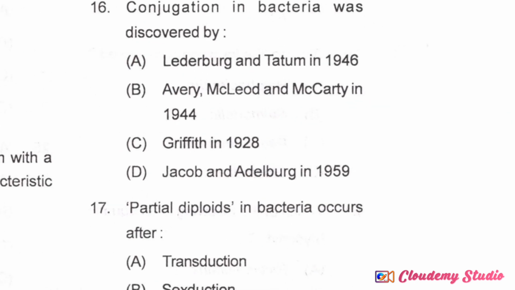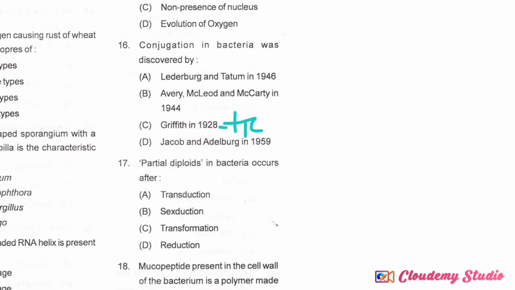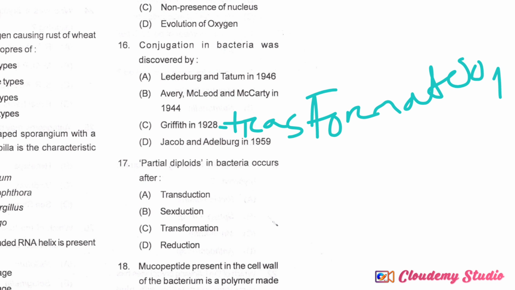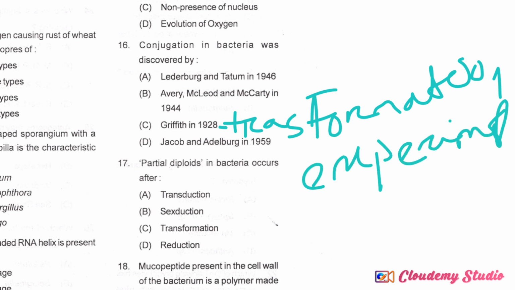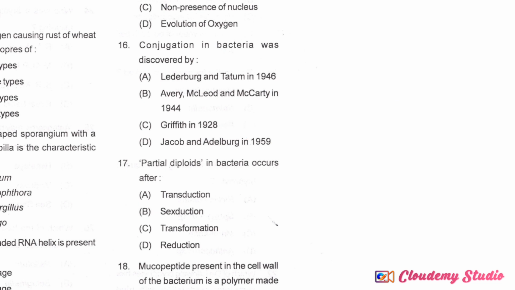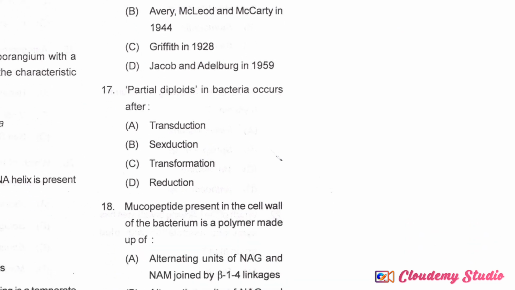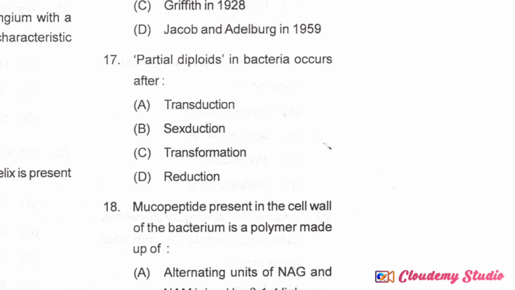Griffith in 1928 conducted the transformation experiment. Then the question: partial diploids in bacteria occur after, option number C, transformation.